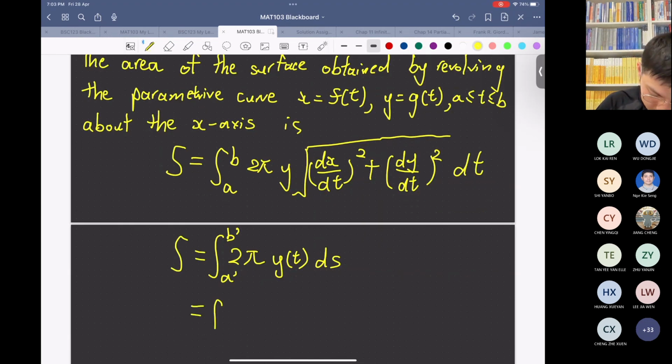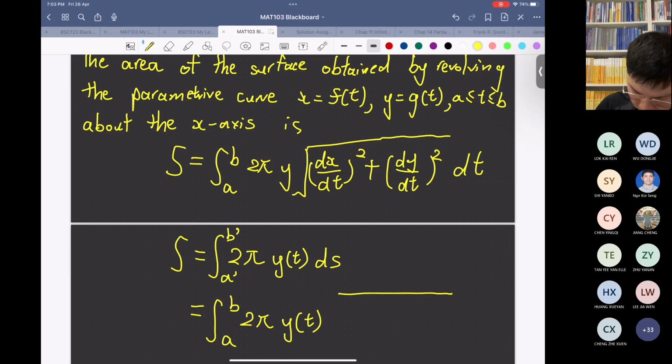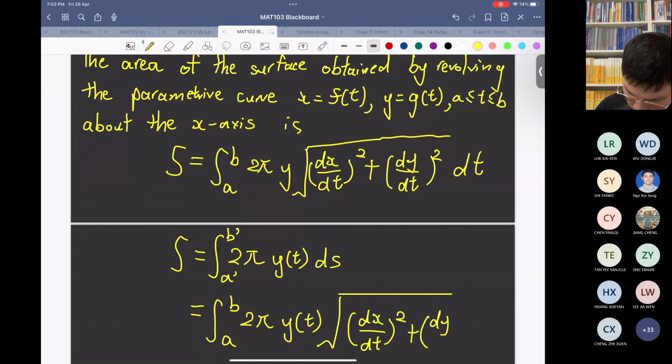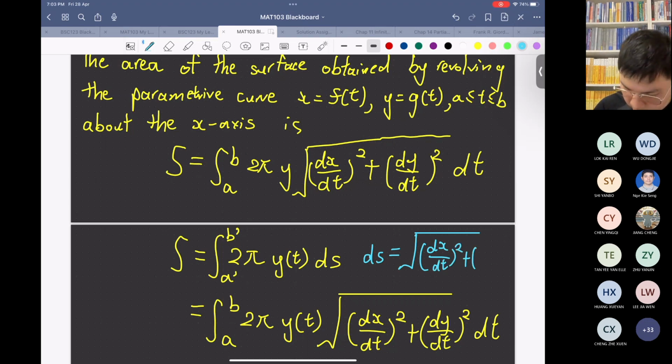So we need to pass it to the variable t. Remember what I'm doing: I substitute ds equals the square root of (dx/dt) squared plus (dy/dt) squared, times dt.